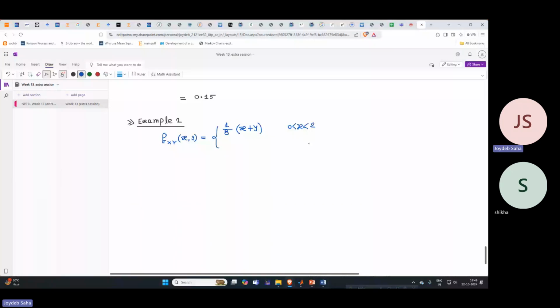And y value is not given, right? So we consider y minus infinity to plus infinity. Or it is given, let me check. Yes, both are given.